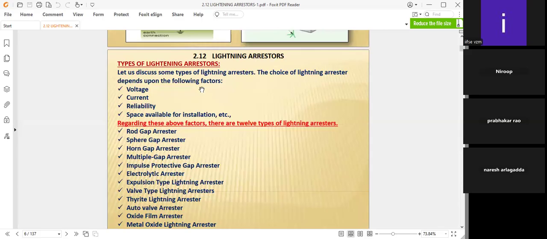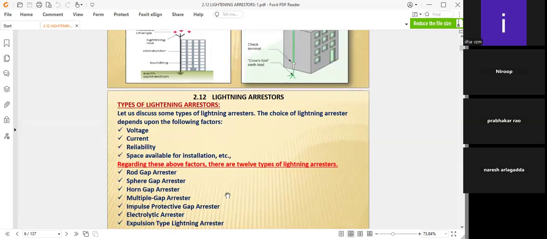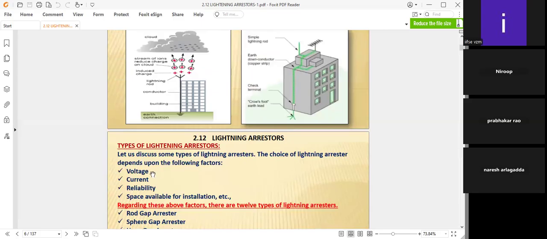That means copper or aluminum, depending upon the metal, hollow or rod. Depending upon the reliability, we have to decide the lightning arrester to install, either in the organization or outside the buildings. And the space available for installation also. We have to see the space; if the space cannot accommodate it because of the voltage, there is no use of installation.